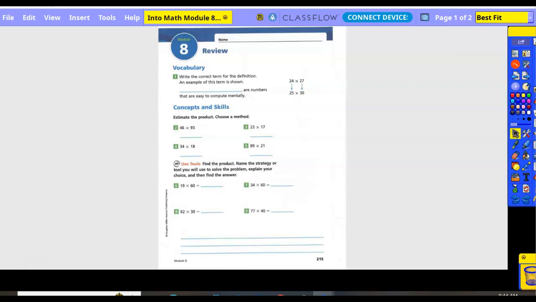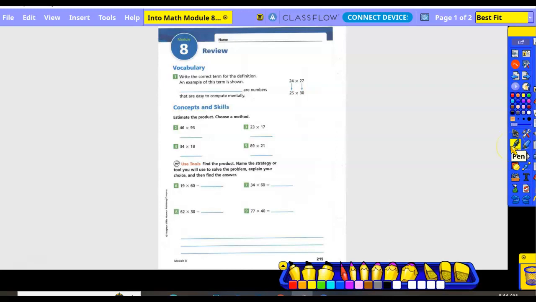What did they use? Right? Okay, so estimate then find the product.